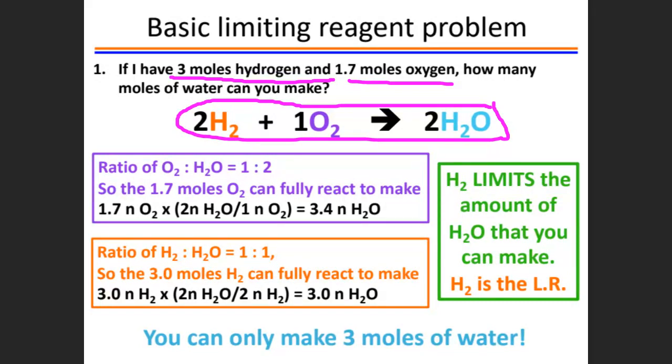Now, which one is the limiting and which is the excess according to our need? Let's look here. We know the hydrogen and oxygen ratio is 2:1, but here they are giving 3 and 1.7. So can you guess in this ratio which one will be the limiting reagent?